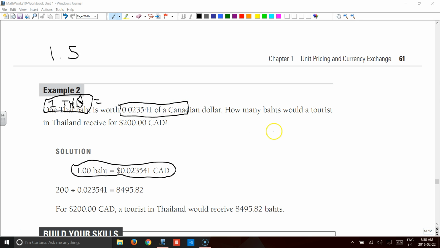Okay, so we have an exchange rate, and I would start by writing down the exchange rate in the form of a ratio. And it doesn't matter whether you put Canadian on top or baht on top. It does not matter, as long as you write the opposite side of the equation the same way.